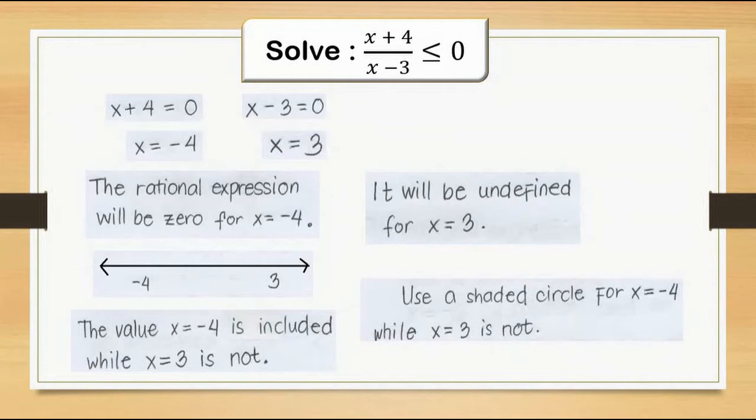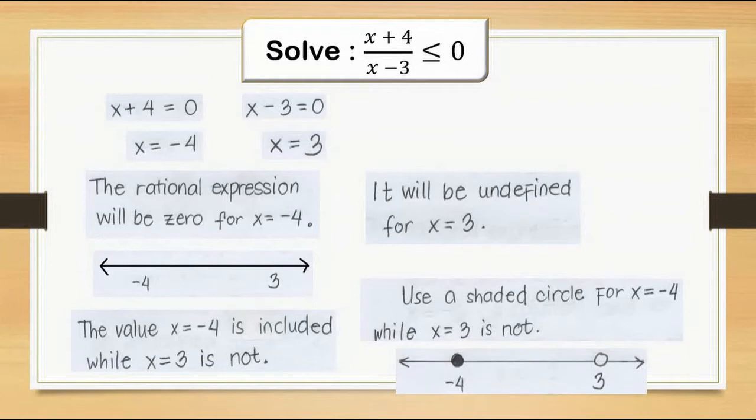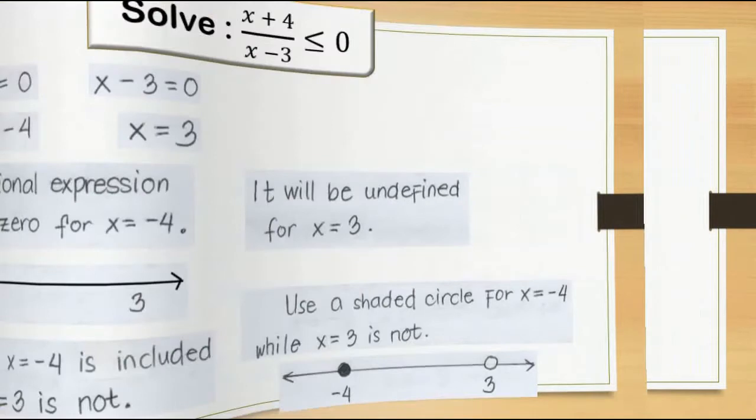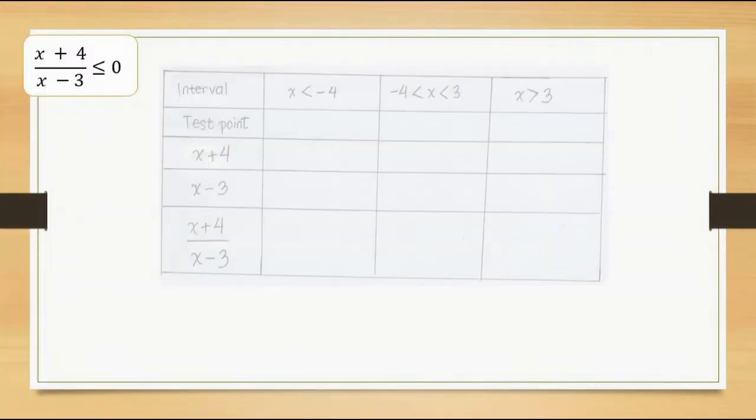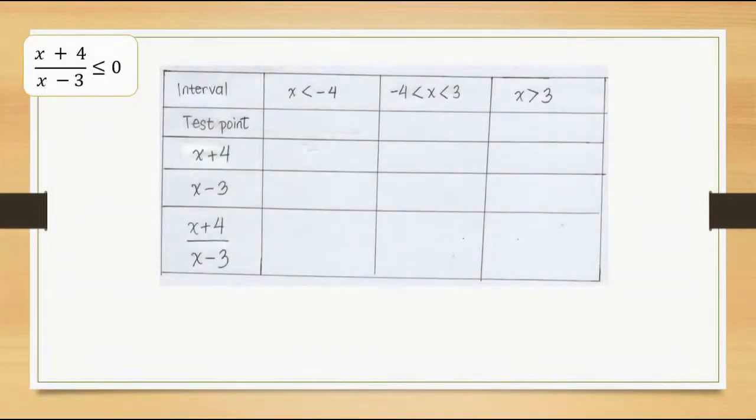So the graph looks like this. Then we will make a table. Interval: x < -4, -4 < x < 3, and x > 3.